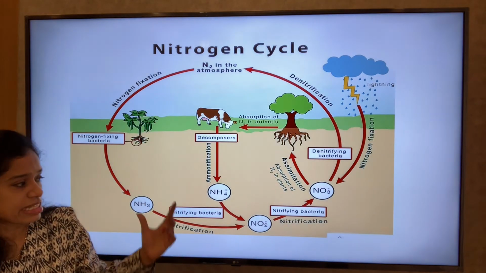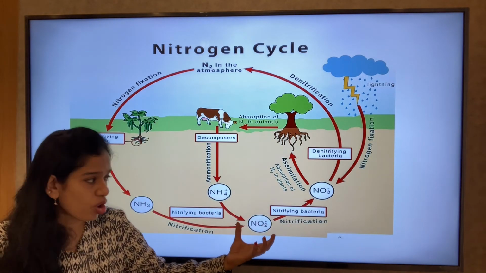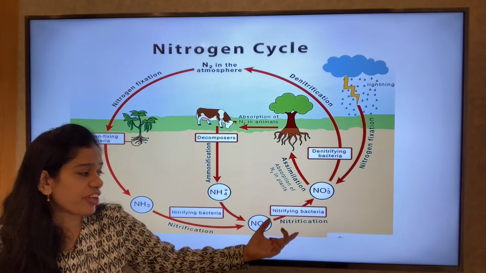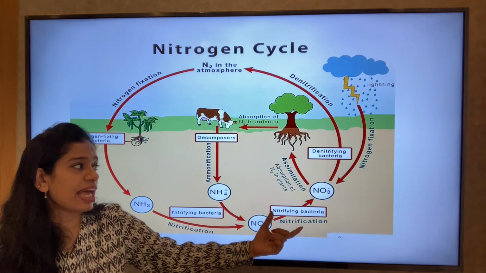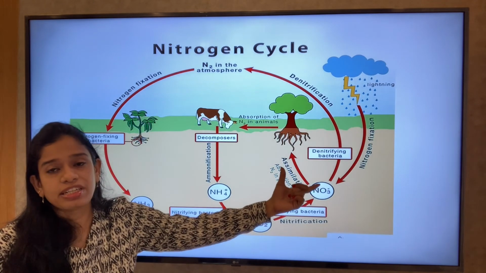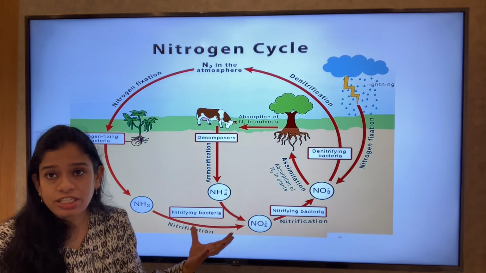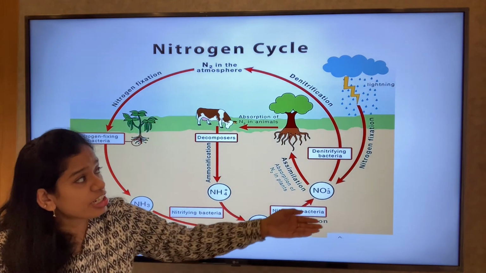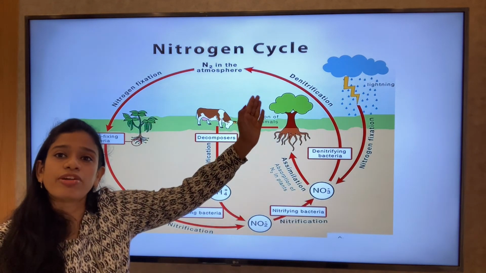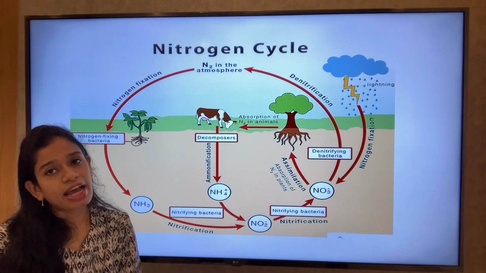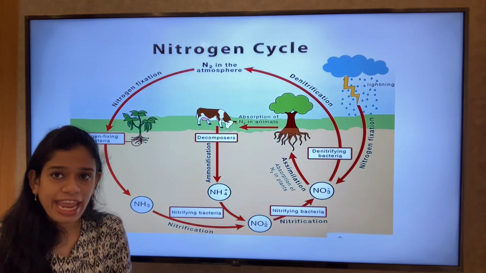So what happens is this nitrogen which is there in the soil undergoes denitrification. The denitrifying bacteria help convert the fixed nitrogen present in the soil again to the nitrogen which is present in the atmosphere, that is N2 format.